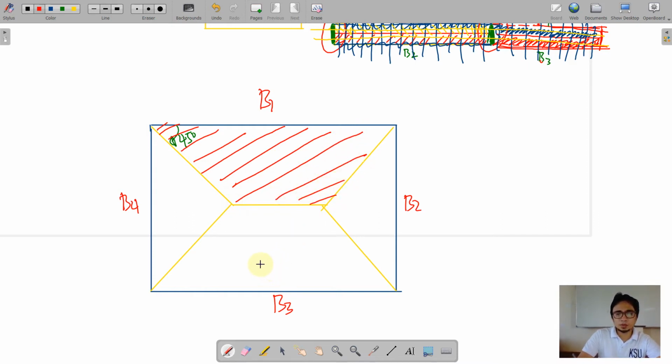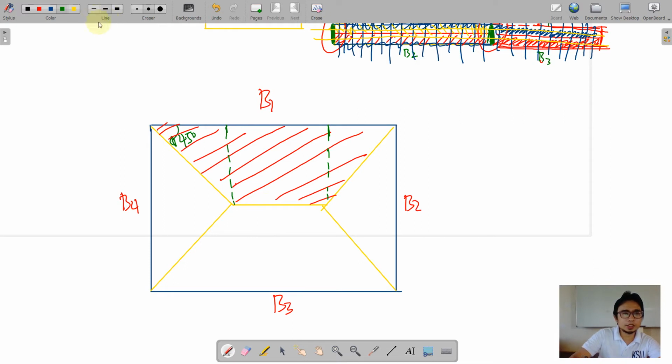Okay, so if we need to determine the tributary area, we just have to get this trapezoid. So how is that? First, we just have to create here a line to form two triangles and one rectangle, or square, perhaps. So we get the dimension.